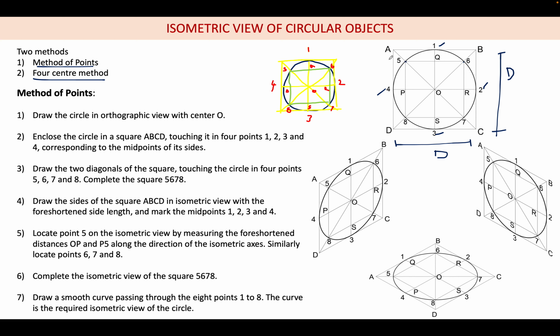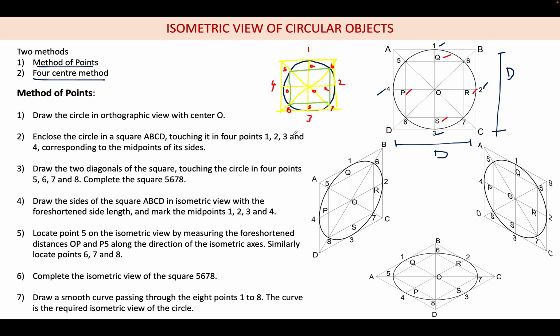First I am drawing the circle, drawing the outer square, marking the midpoints 1, 2, 3 and 4, then connecting the diagonals, and those diagonals intersect the circle at 4 points. So it is 5, 6, 7 and 8, and now I am completing the square 5, 6, 7, 8, and then marking the midpoints of this square. So this will be P, Q, R and S.